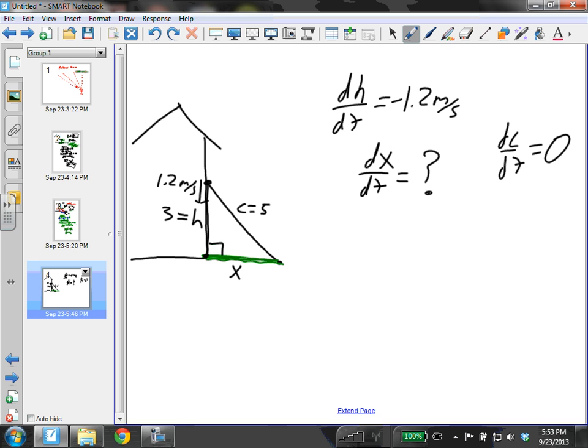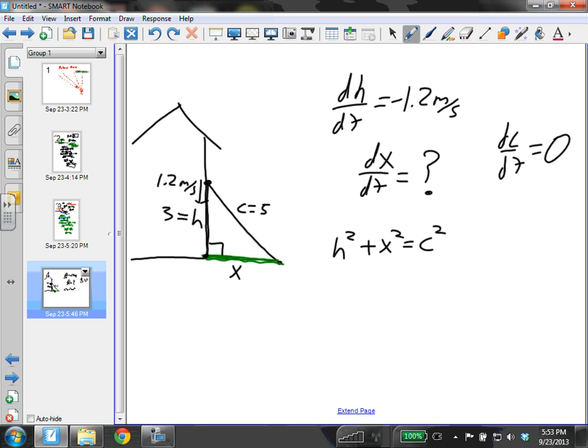And the formula that we're going to use is still the Pythagorean theorem. So h squared plus x squared should equal c squared. This height h and this length x right here should both square and sum to give us c squared according to the Pythagorean theorem.